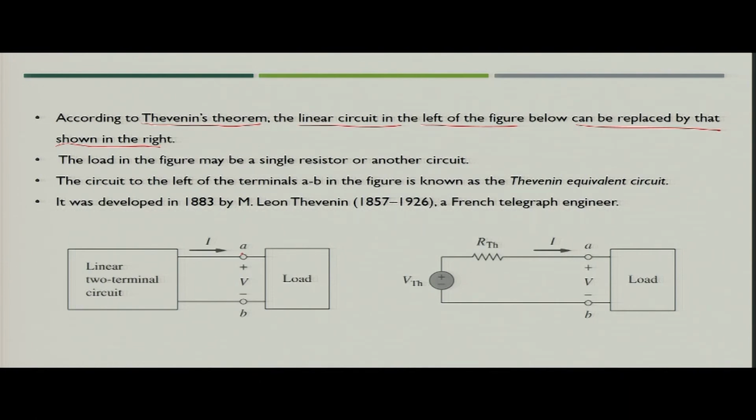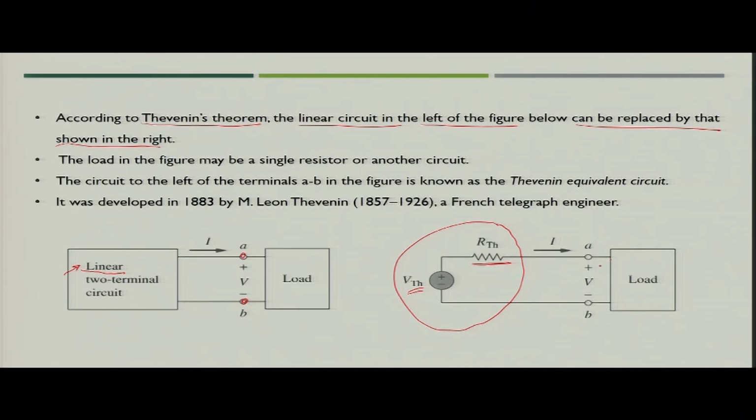If you imagine that these are the two terminals of your plug point in the house, external to that you will see a linear circuit. Keep in mind that Thevenin's theorem works well when the circuit is linear. You assume that the circuit outside your plug point is a linear circuit, and you replace that segment with one equivalent circuit having one voltage source and one resistance.